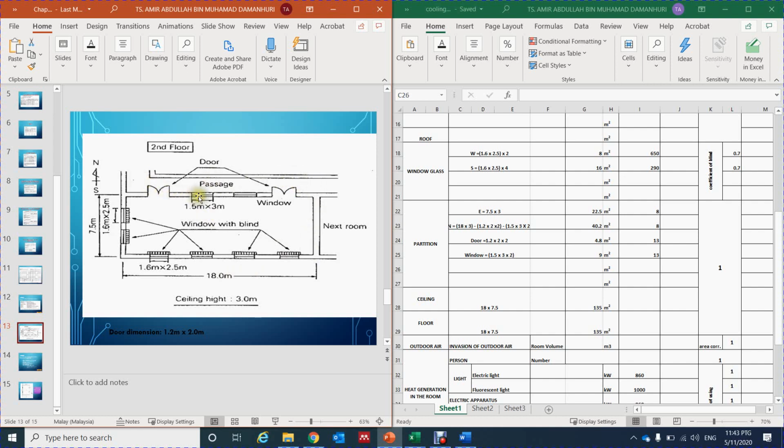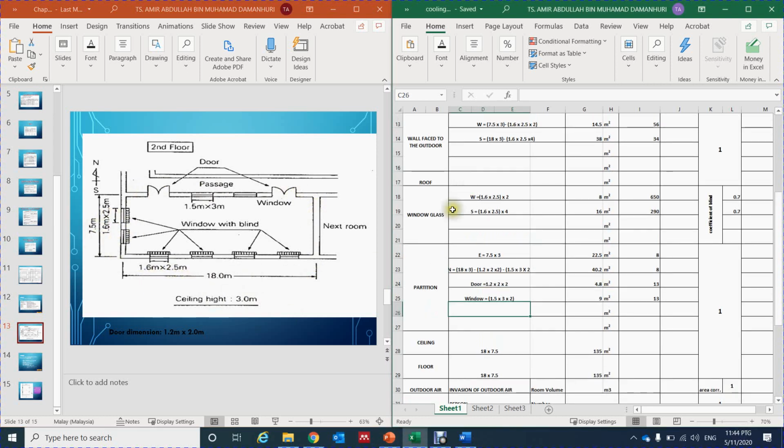Either it has a window or door, as long as it is not facing the outdoor, we have to calculate or assume it is on the partition side because the heat usually transmits on the outdoor area. So for the outdoor area, we put the window glass here, and the wall also we put the coefficient here.